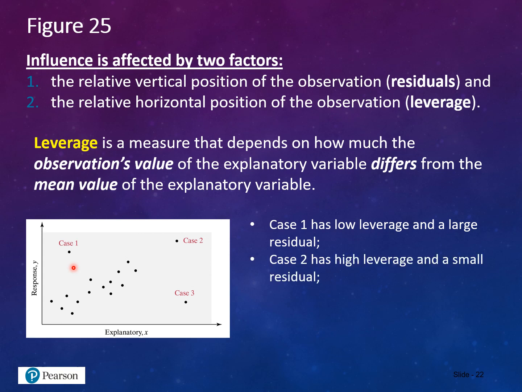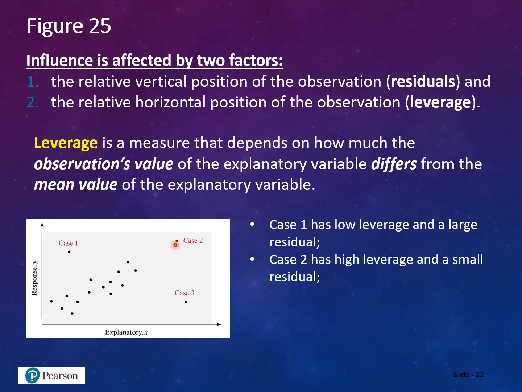Case 2 has high leverage. It's far away from the mean of the data, and a small residual, meaning that the vertical position is in line with where we would expect it to be.